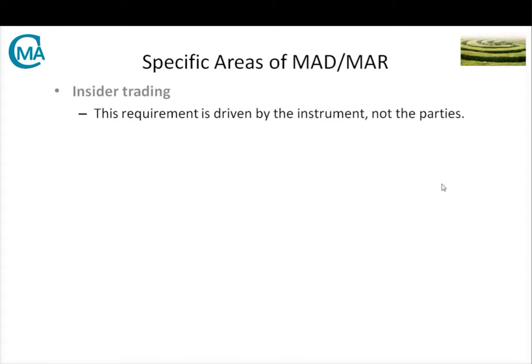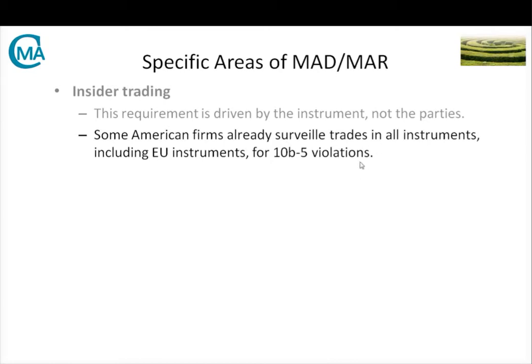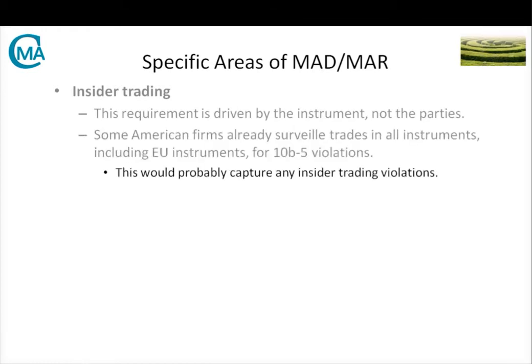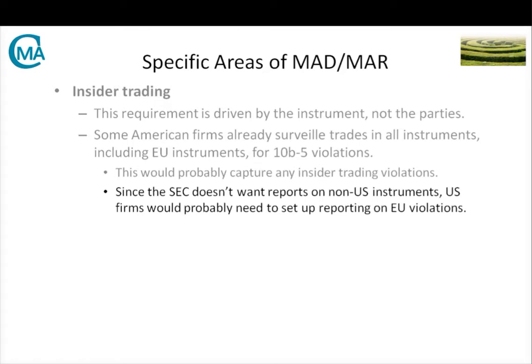So let's quickly go into MAR and MAD. It's driven by the instrument. If firms already surveil for insider trading in other areas, probably okay here, but it doesn't include attempts. And in the US, the SEC doesn't want to hear it about EU.